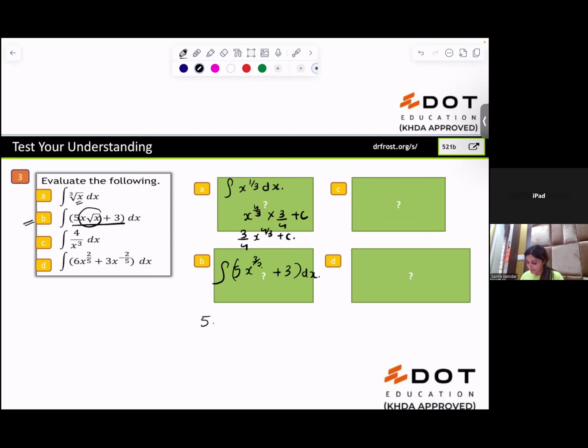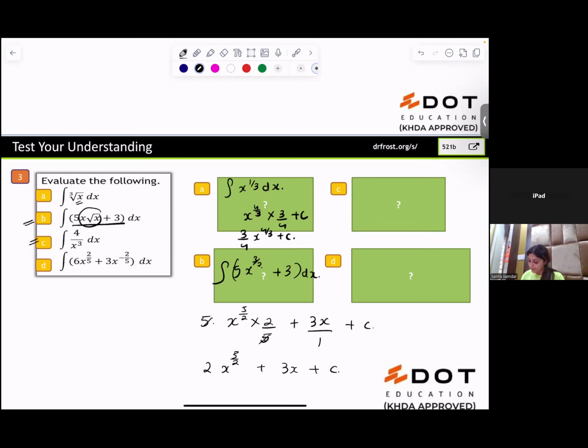Add 1 to the power. So it becomes x raised to 5 by 2. Divided by the new power. So I'm going to multiply with the reciprocal of it. Add 1 to the power, divided by the new power, plus c. So this becomes 2 x raised to 5 by 2 plus 3x plus c.